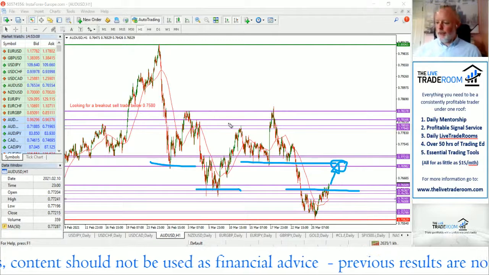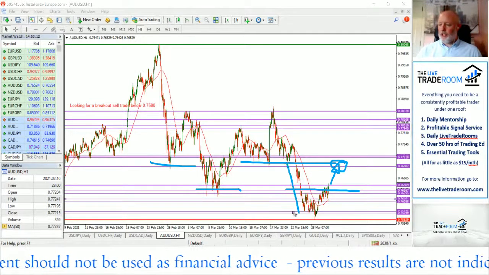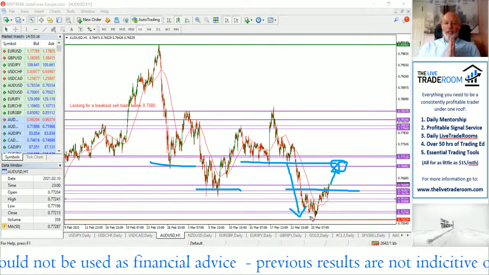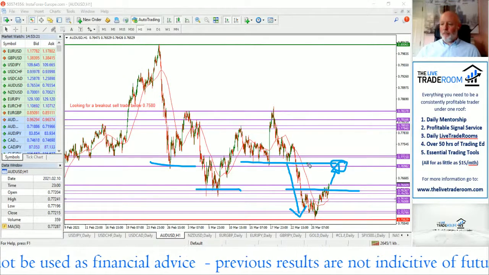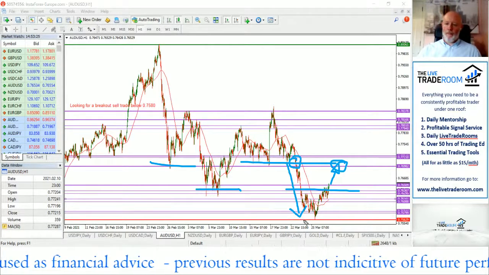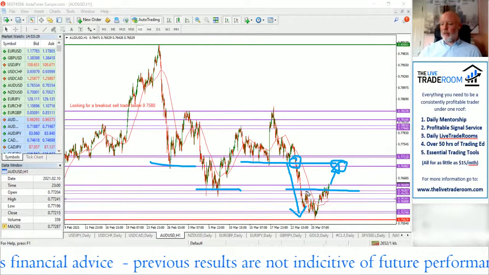This is how it can shift and change pretty quickly from a really strong move. And don't forget, markets are nothing more than a battleground between buyers and sellers, and below this level the sellers take control, and what you've got to try and do is get involved in that sell trade as early as possible.